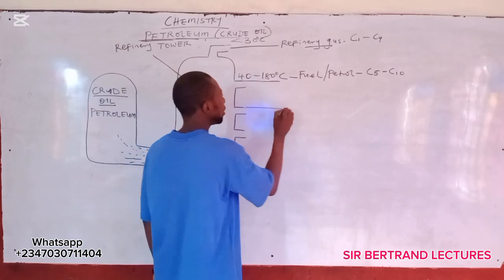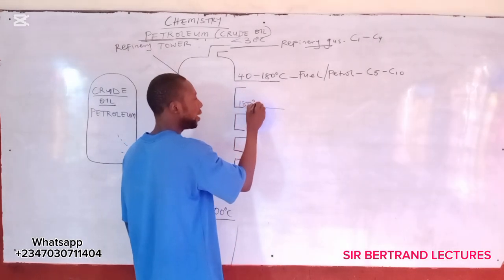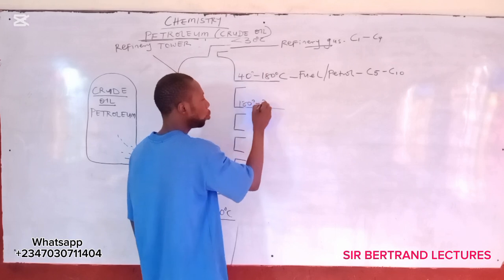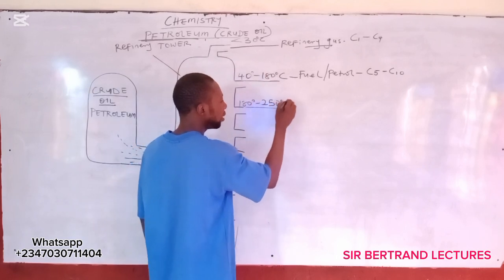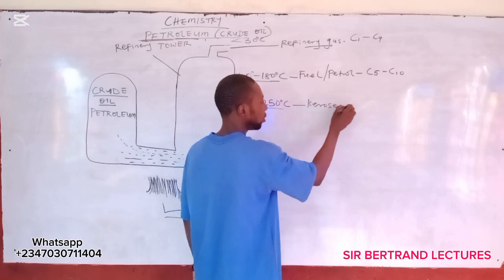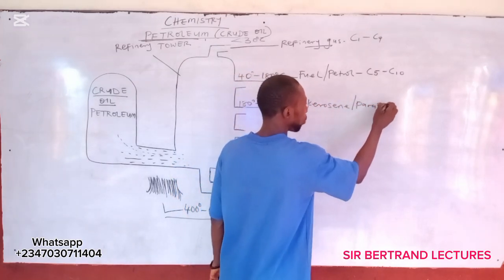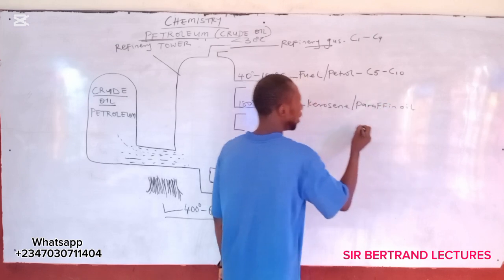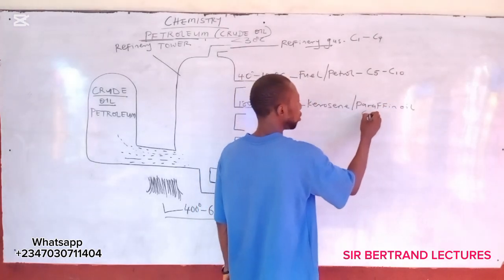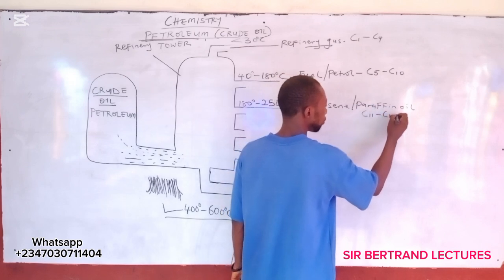After that, the next is refined at 180 to 250 degrees Celsius, and that is kerosene, or you can call it paraffin oil, containing carbon 11 to carbon 15.